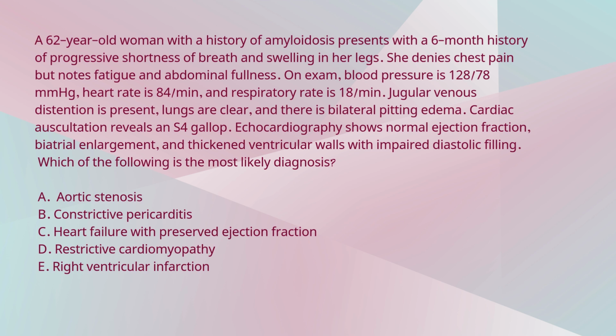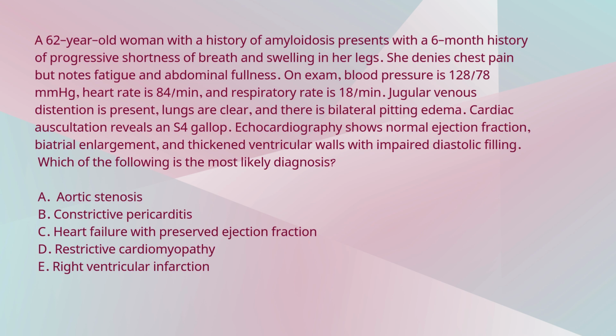Question 1. A 62-year-old woman with a history of amyloidosis presents with a 6-month history of progressive shortness of breath and swelling in her legs. She denies chest pain but notes fatigue and abdominal fullness. On exam, blood pressure is 128/78, heart rate is 84 beats per minute, and respiratory rate is 18 breaths per minute. Jugular venous distension is present, lungs are clear, and there's bilateral pitting edema.